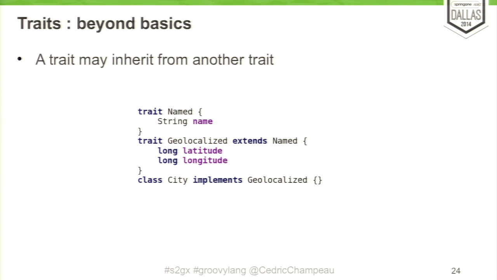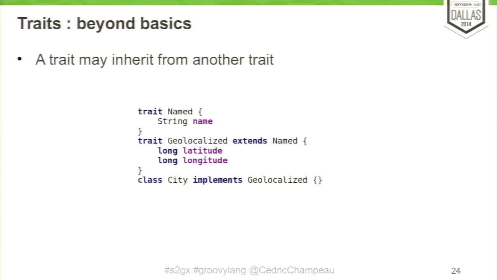So a trait can inherit from another trait. Why not? Instead of defining the name directly inside the geolocalized trait, I could have an existing trait which would be named, defining a named object, and then say that something which is geolocalized requires a name, even if the example is not perfect.